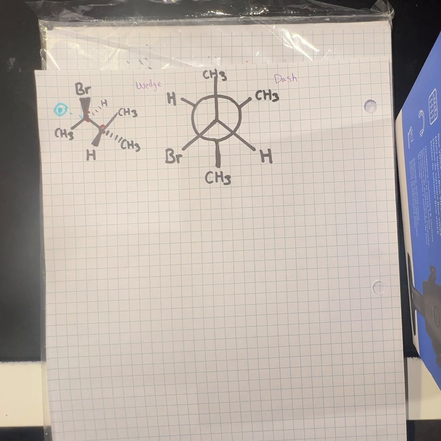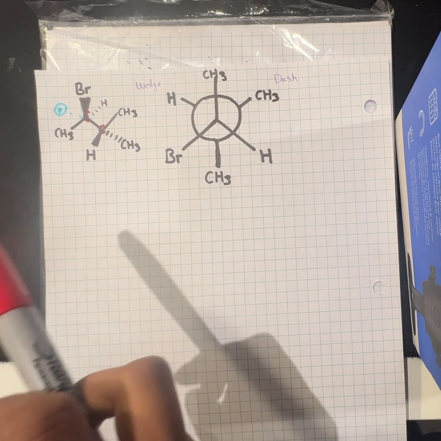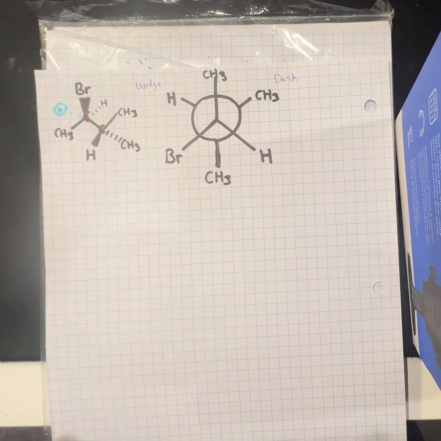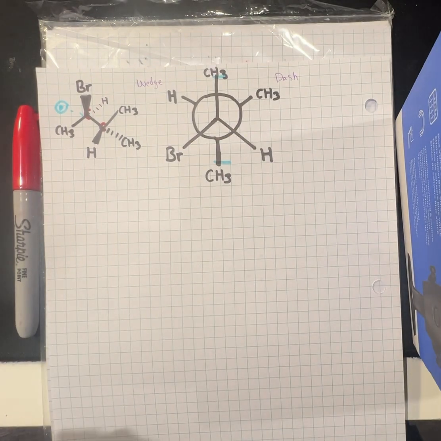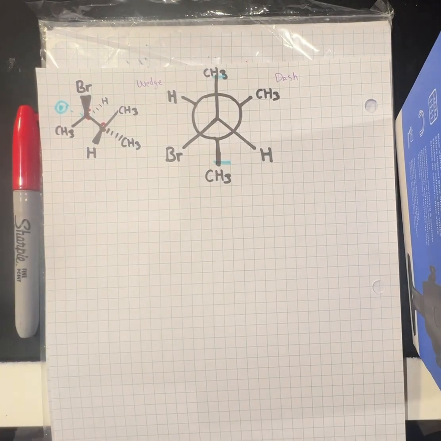Now, ideally, we would like to have our Newman projection in the antiperiplanar conformation. This means that the leaving group will be axial, so it'll be on either one of these positions, and on the other side of that axial will be the proton.